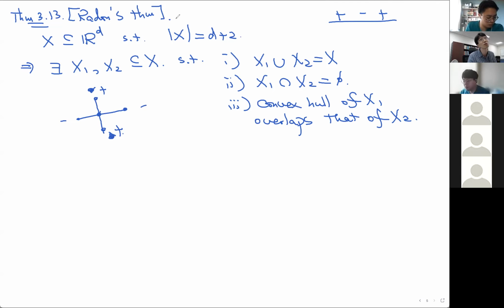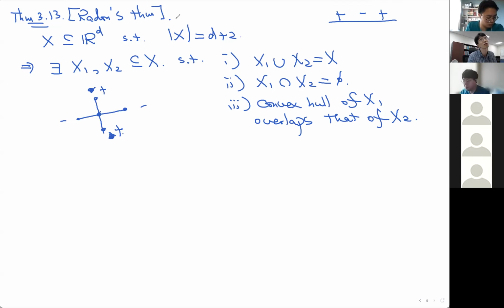Then we construct d plus 1 linear equations over d plus 2 real variables, alpha 1 to alpha d plus 2.